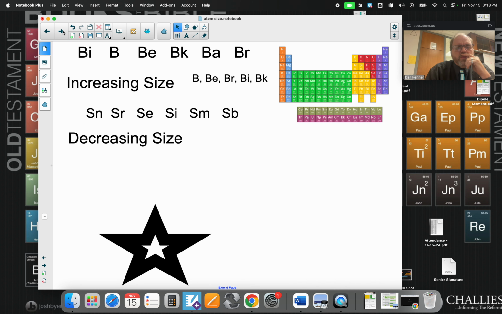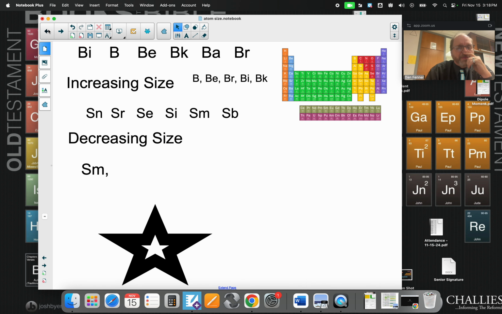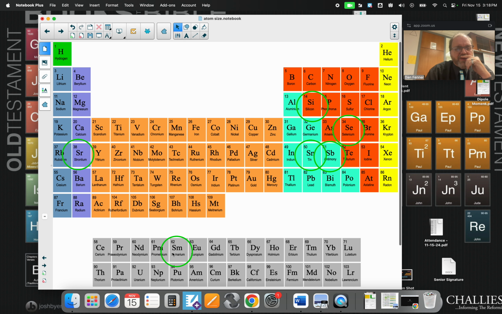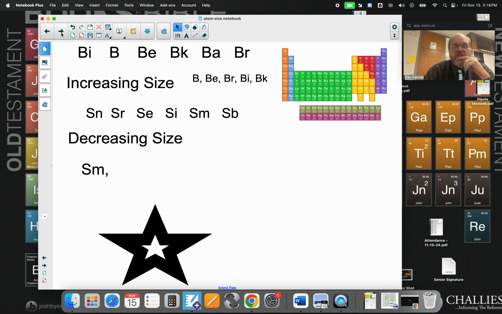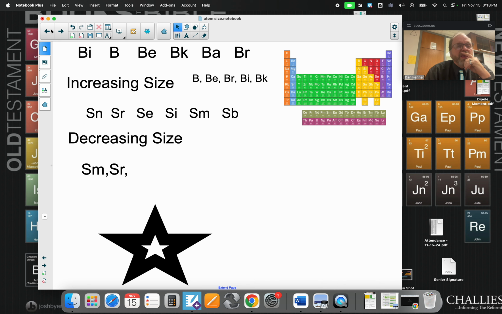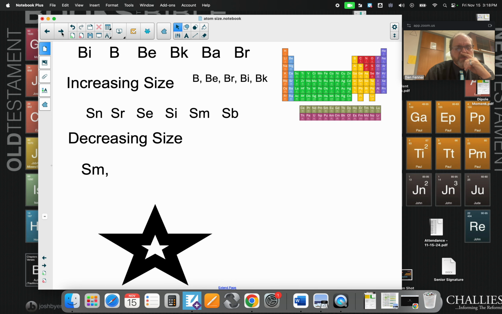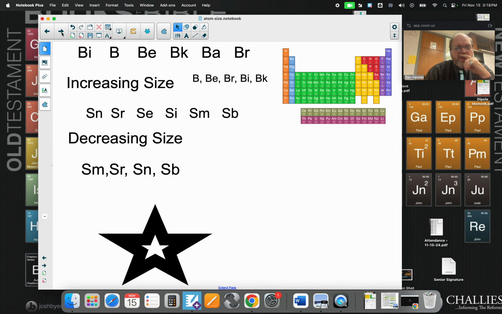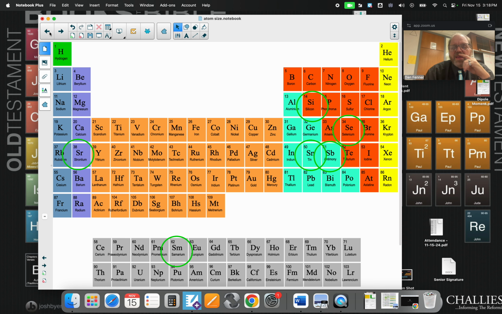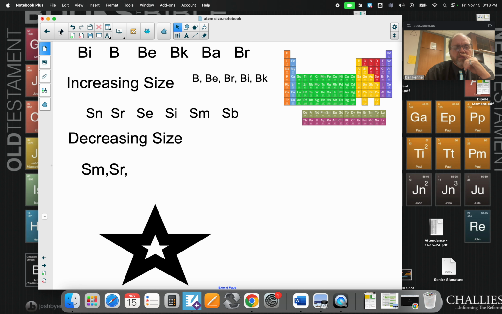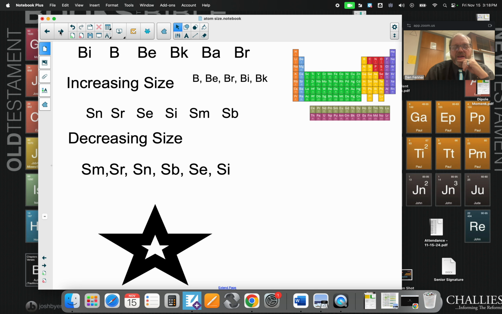So strontium will be my first. Samarium, I messed that one up because samarium's down here. It's below the other ones. So samarium, followed then by strontium. And if we go back to the list we have there, tin and antimony would be in the same row. Tin, antimony, and then that means that selenium and silicon would be the smallest.